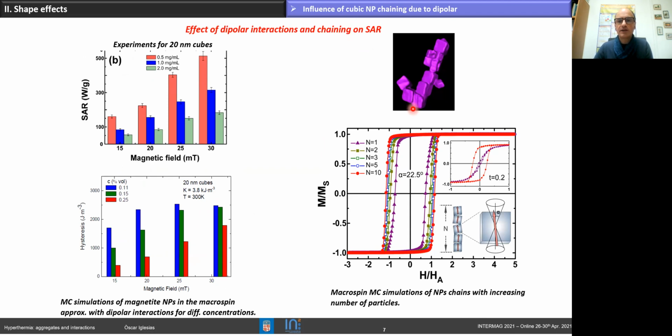This can also be linked to the increase of the specific absorption rate, as can be seen here, a result of a simulation of a chain of cubes with dipole interaction in between. We see that increasing the chain length, the hysteresis loop area increases, which demonstrates that chaining and the shape of the particles result in an increase of the specific absorption rate.